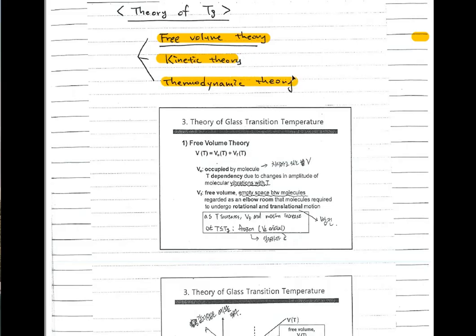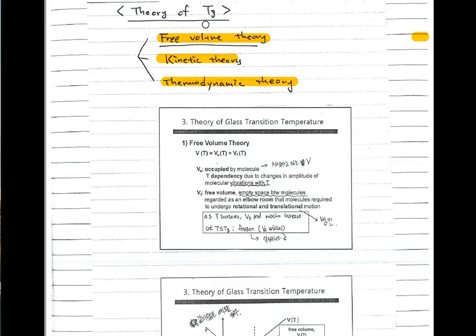And the bottom two, kinetic and thermodynamic theory, are quite complicated, so they can be covered in graduate school lectures. So in this lecture, we'll only slightly cover free volume theory, what free volume theory is, and how this theory explains the behavior of glass transition.